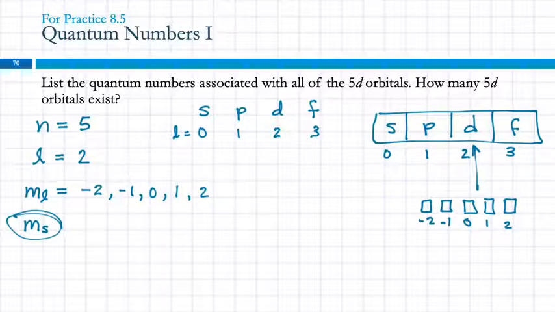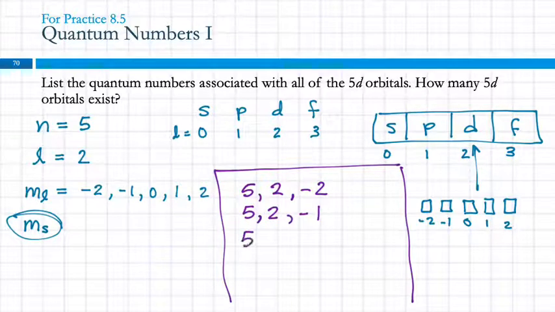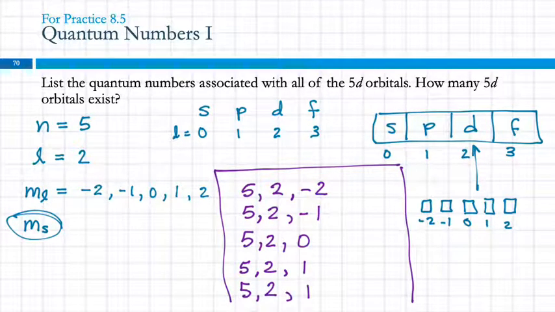So if we want to look at the quantum numbers associated with this, we've got 5, 2, -2. 5, 2, -1, 5, 2, 0, 5, 2, +1, and 5, 2, +2.